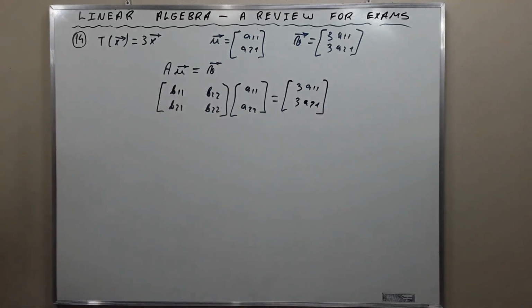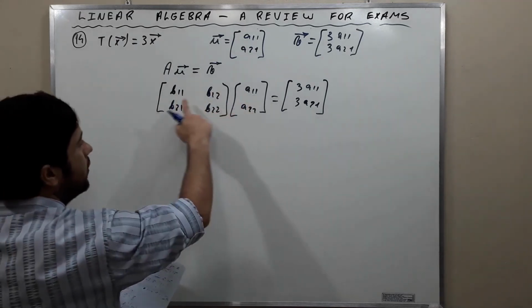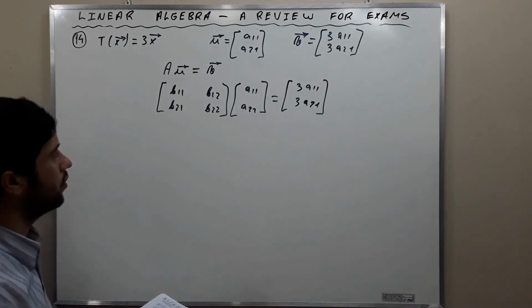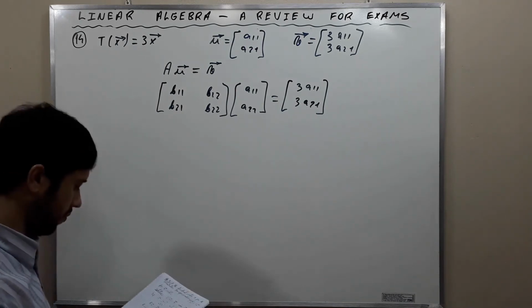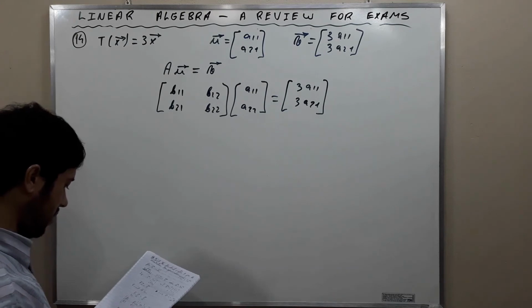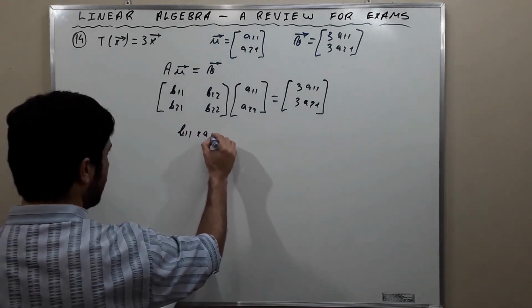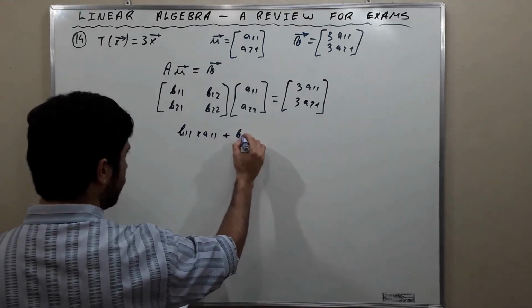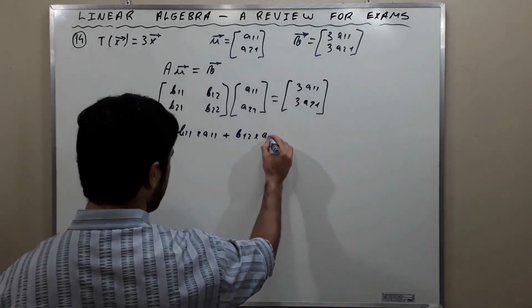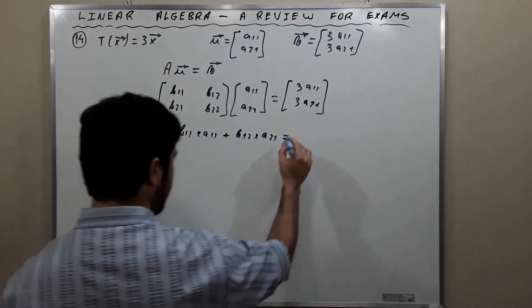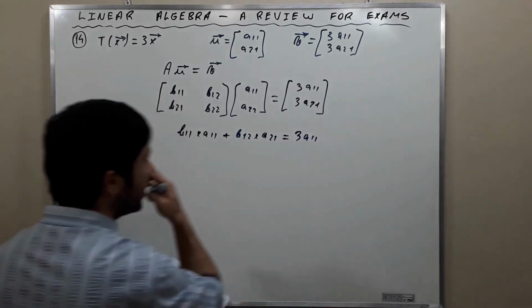This is the idea of this transformation, to scale up the vector by a factor of 3. If we carry out this multiplication, it is simple. We find that b11 times a11 plus b12 times a21 is equal to 3 a11.